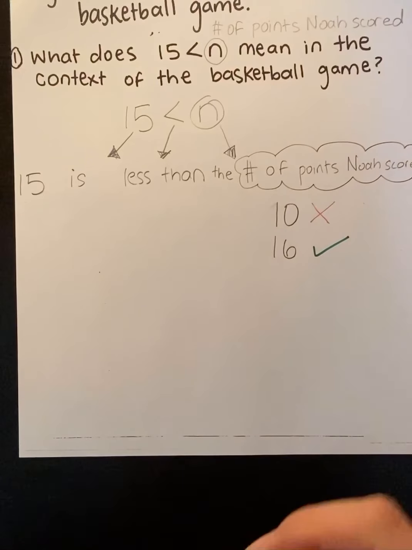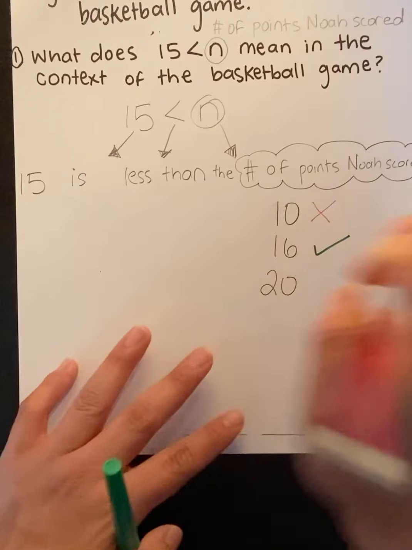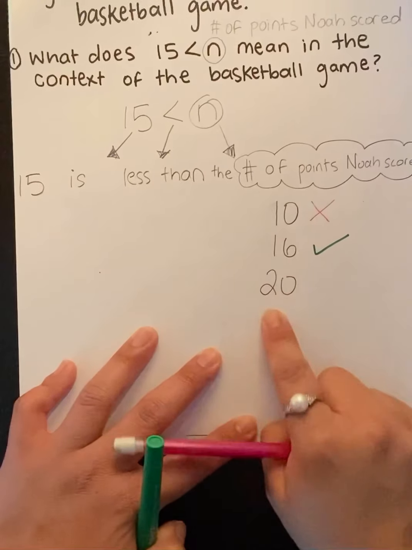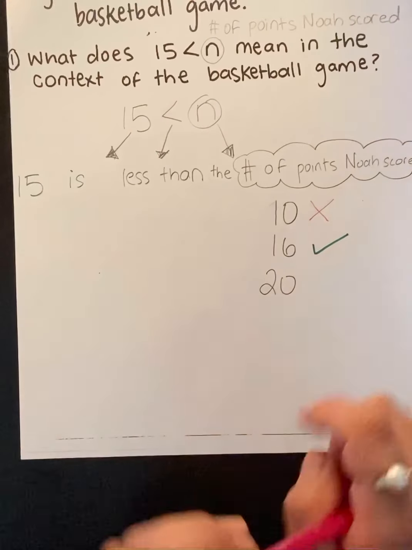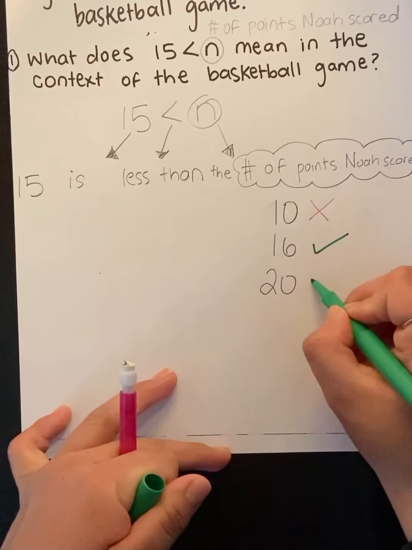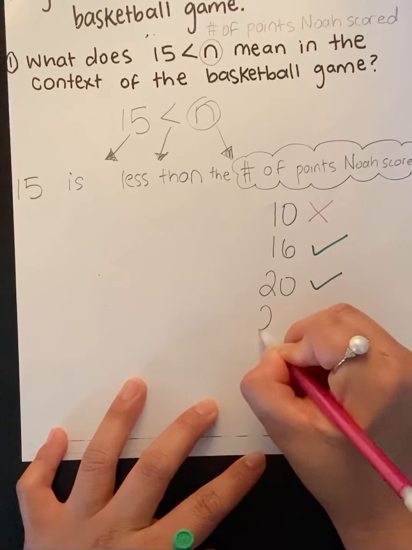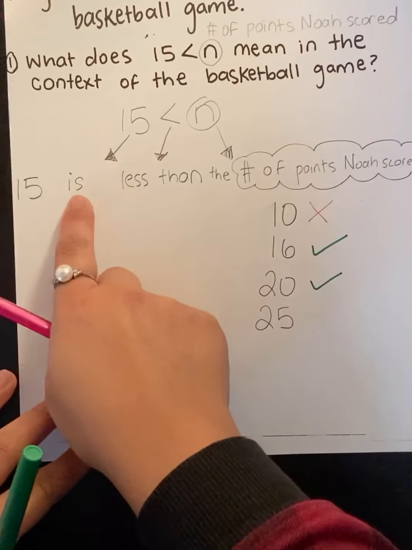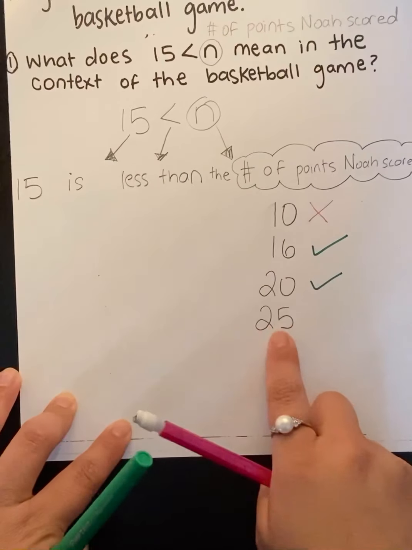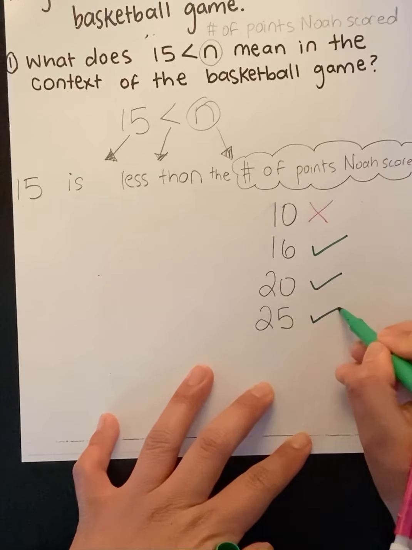Let me think of another number. Let's say 20. 15 is less than 20. That is also true. So Noah could have also scored 20 points in the basketball game. Let's do one more. Maybe 25. 15 is less than 25. Yes, that is true.